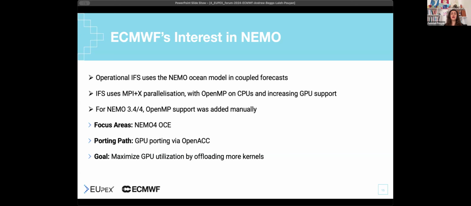So we focus on the NEMO ocean components, and we try to add OpenACC directives manually. Our primary goal is to maximize GPU utilization by offloading more kernels of the ocean components. However, we care about performance and scalability as well.